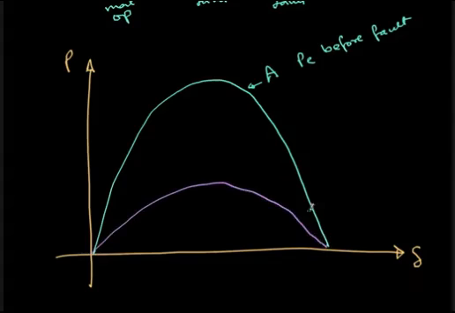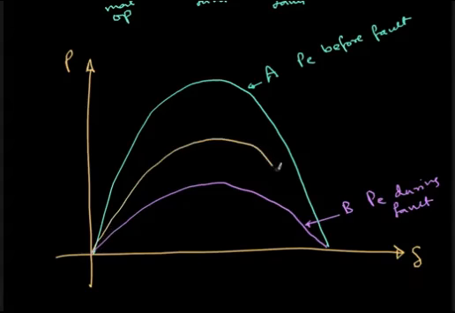Let's consider this is curve B. This is P during fault. Now the fault is cleared after some time, and then we'll get another curve. This is curve C. This is P after fault.